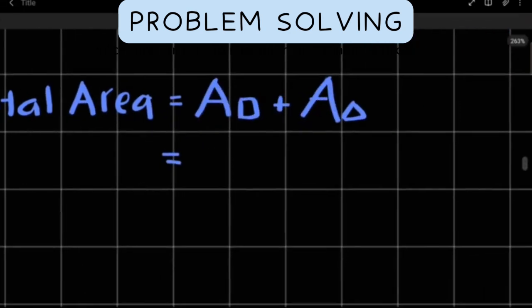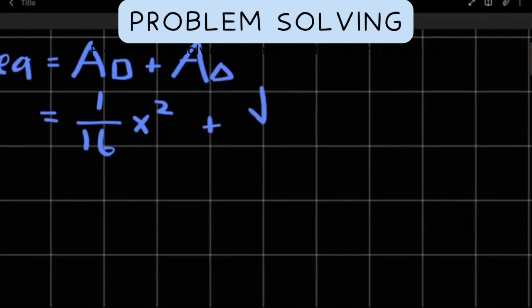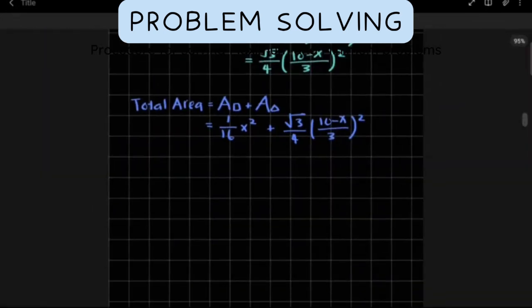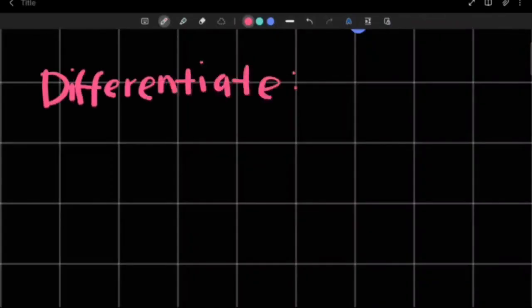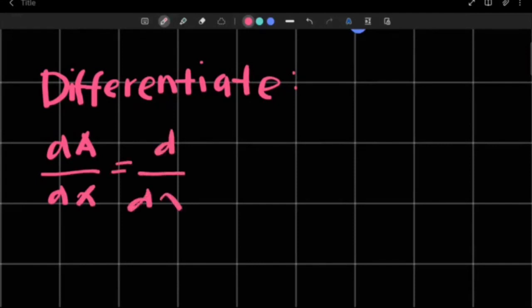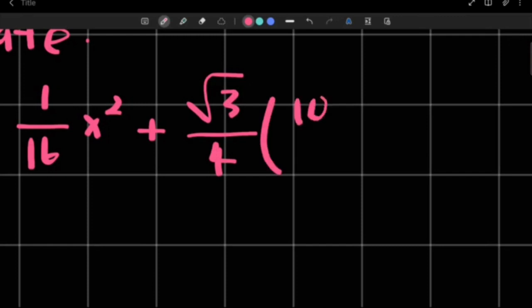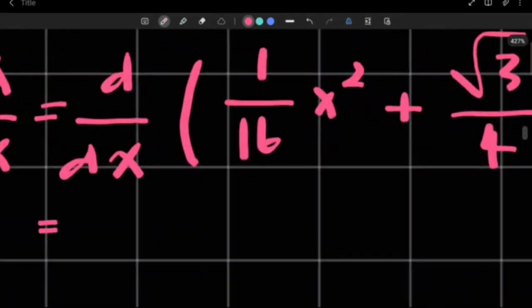And then we are going to find the total area for the square and the triangle. After that, we will obtain the answer, which is 1 over 16 x squared plus 3 over 4 multiplied by ((10 minus x) over 3) squared.